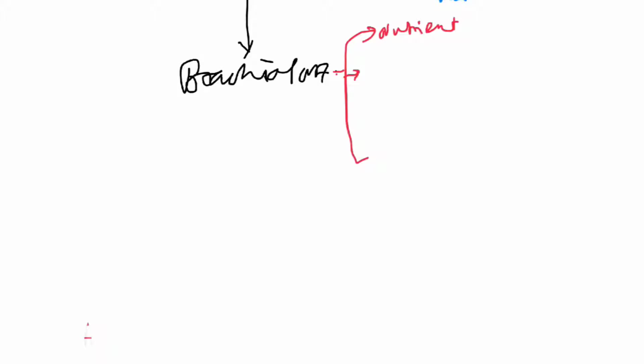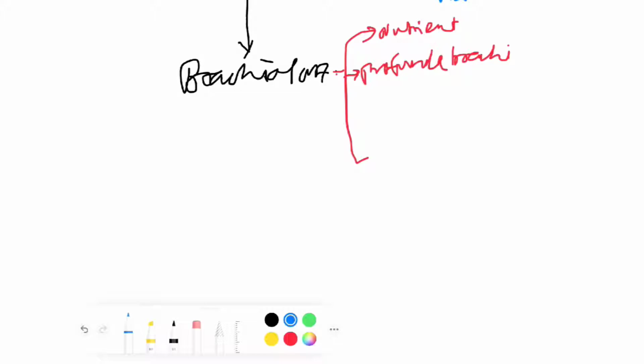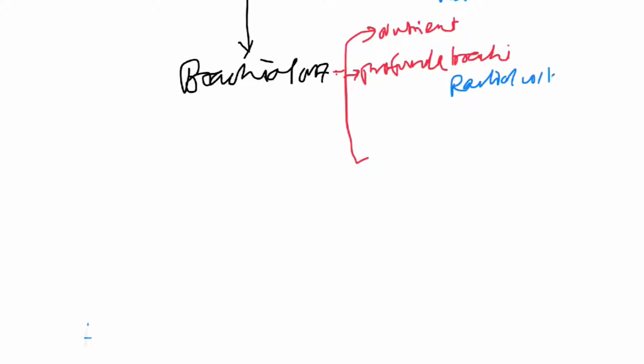The second one is profunda brachii. Profunda brachii has two branches, and these are the radial collateral and medial collateral.